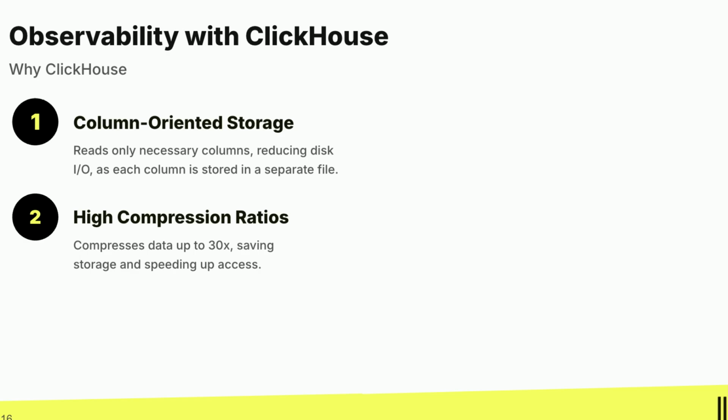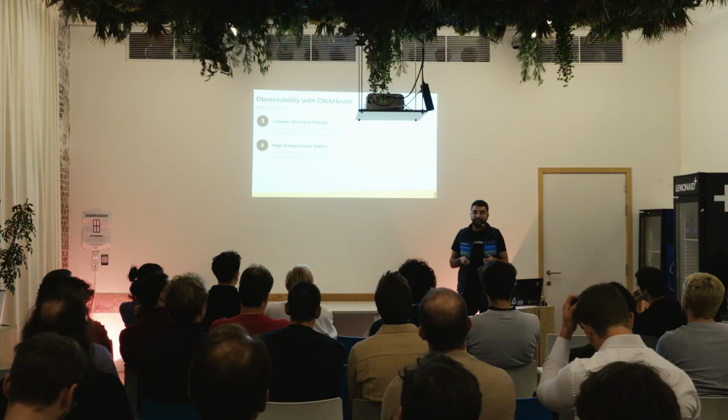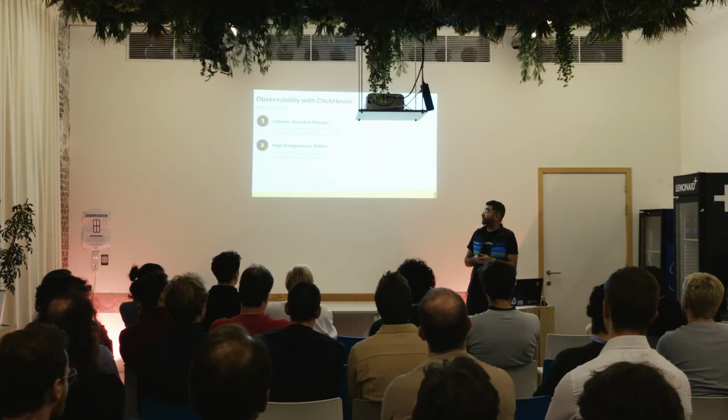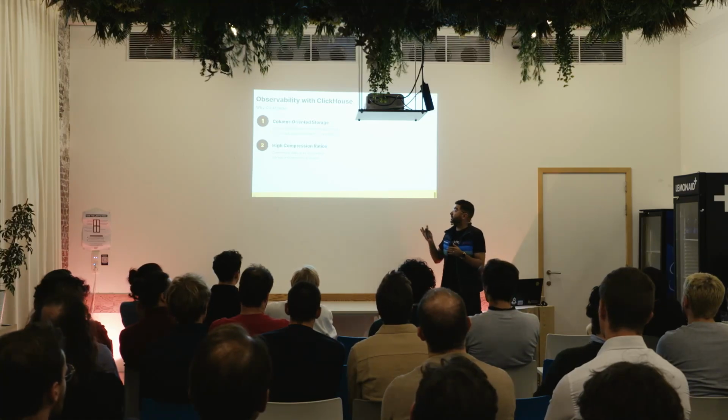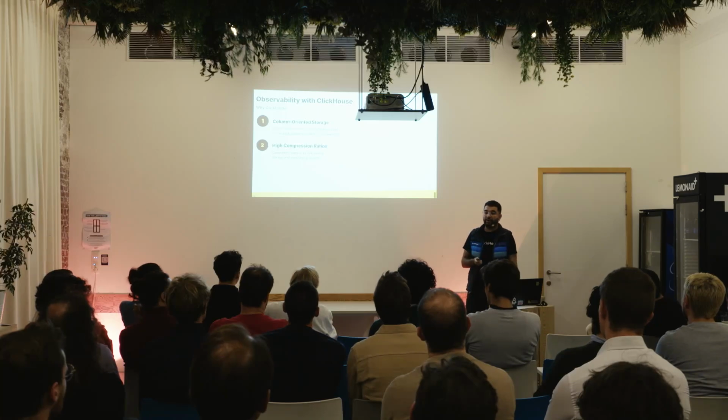As we store the same data type in one file, it's really easy to compress this data. And even better, in the observability use case, we have some columns with really low cardinalities, so we can compress much better than in general use cases. For example, a general use case gets 10x, and for observability we can have like 13x, saving storage and speeding up the query.